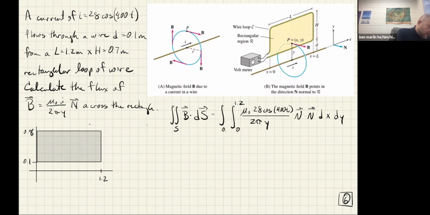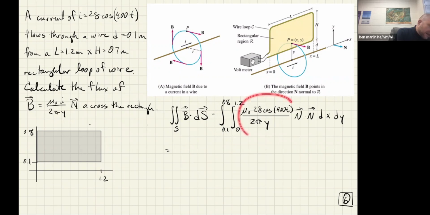And so it goes from 0.1 up to 0.8. And be careful about that, because that's something that I just keep dropping terms on. But now that we've done that, we get this integral 0.1 to 0.8. Oh, no, there's no need to be messy.